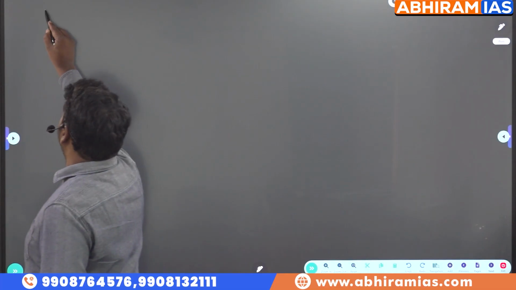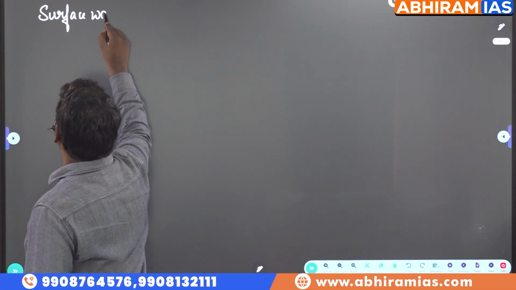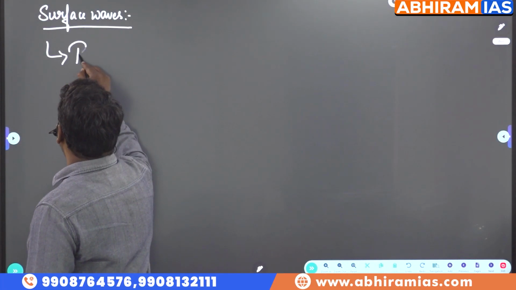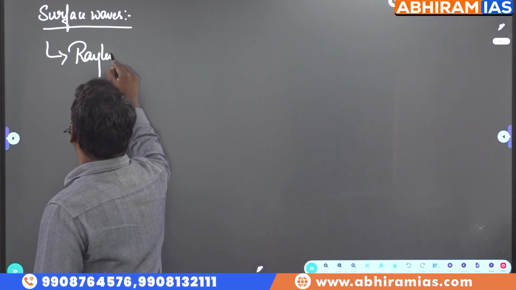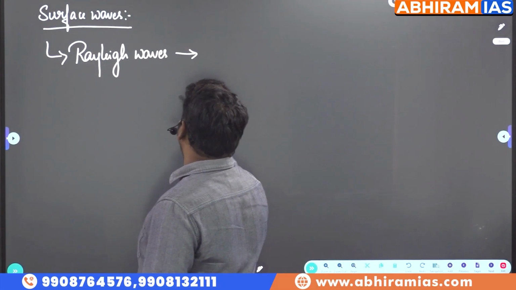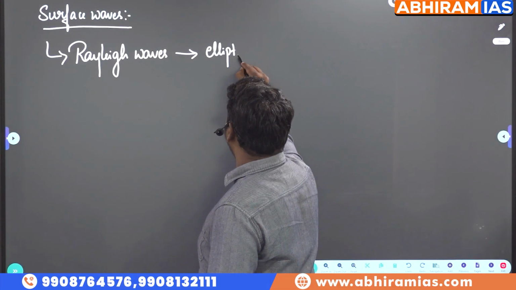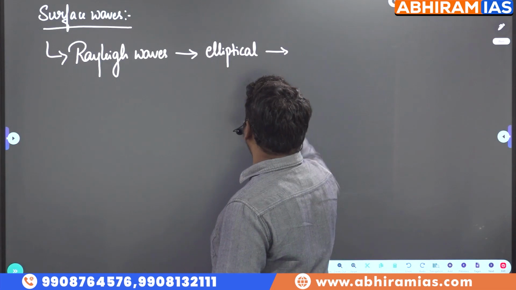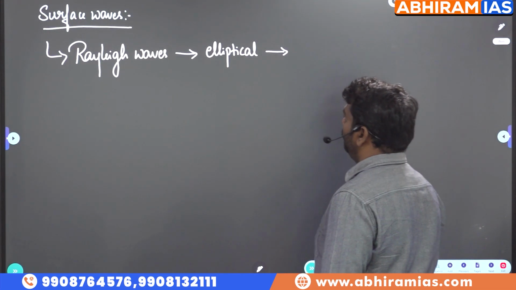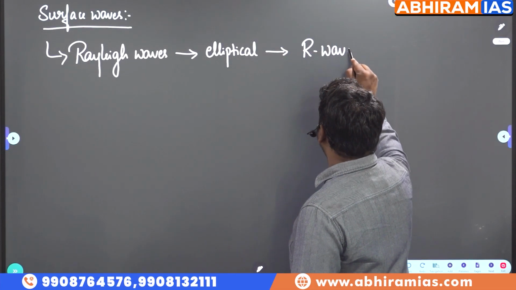Next, if we take surface waves, we have two types. Rayleigh waves, where particle movement is elliptical. It is R waves.